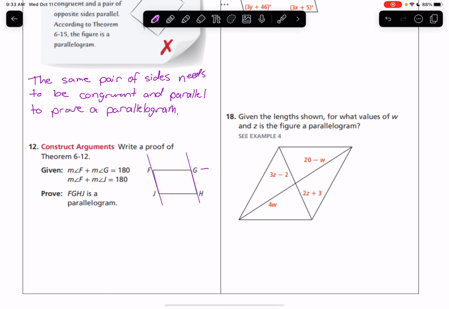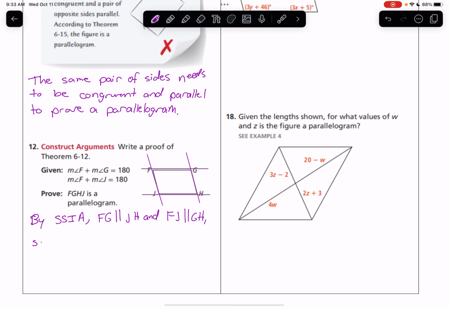If F and J are supplementary, that means that FG and JH have to be parallel because their same side interior angles are supplementary. So by same side interior angles, we know FG is parallel to JH and FJ is parallel to GH.